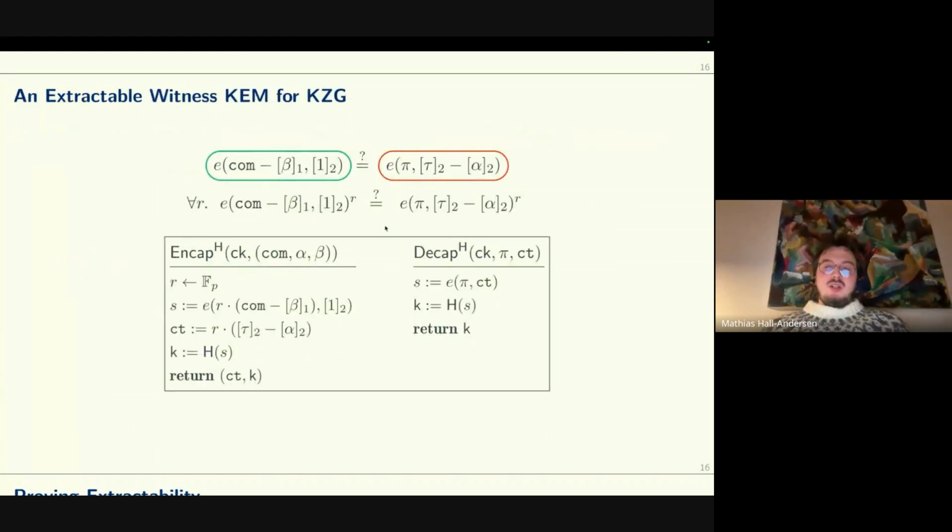So why is this okay? What do we want to prove? We want to prove that if you can distinguish, when I give you a ciphertext, the key from a random bit string, then I can recover a valid pi. I can recover a valid KZG proof. That's my goal.